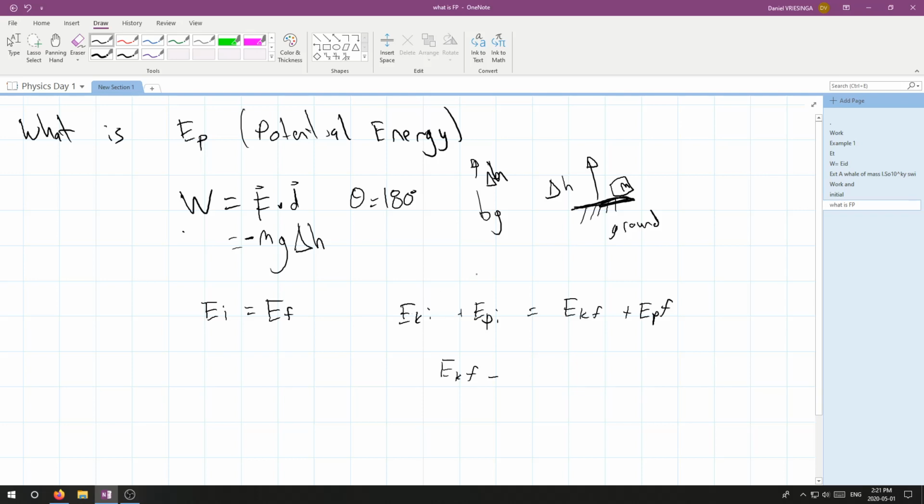I'll bring this over here, so this will be subtract EKI, and then I'll be left with EPI on this side and EPF on that side. Check my algebra, I think it's right. This is the change in kinetic energy, and this is the negative change in potential energy.